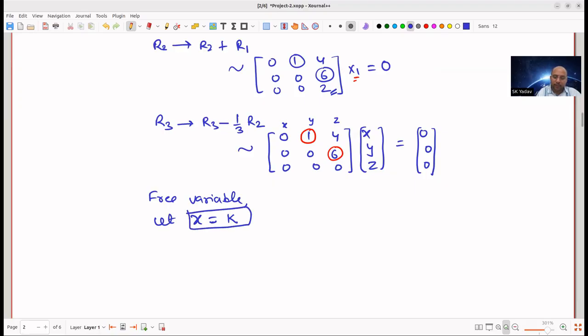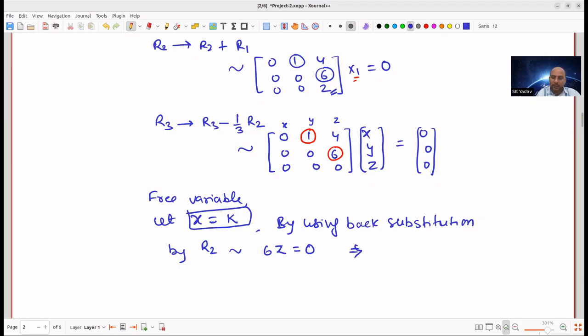Now, by using back substitution, we can find y and z. By R2, what I got is 6 times z equal to 0. Actually, this is 0 times x plus 0 times y plus 6 times z equal to 0, and this implies z equal to 0.